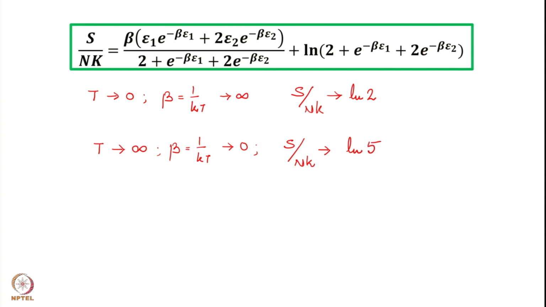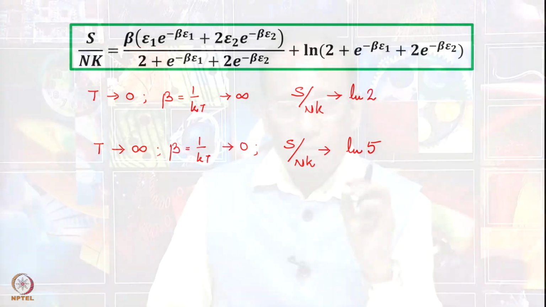Points to be noted here. The third law of thermodynamics says that every substance has a positive entropy which may become 0 at absolute 0, and it does become 0 for perfectly crystalline substances.